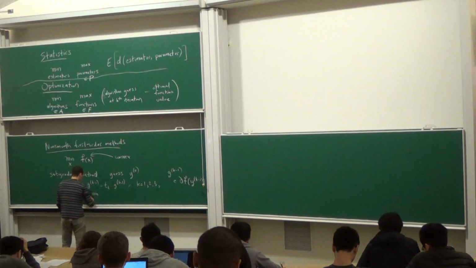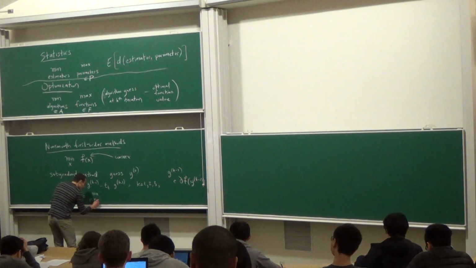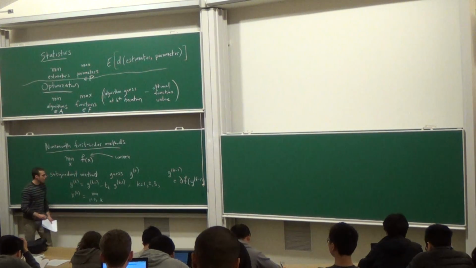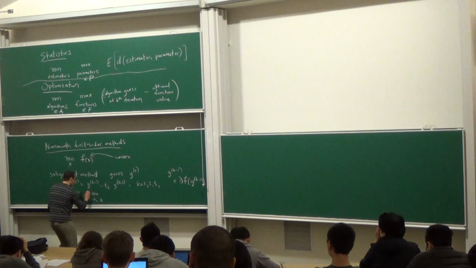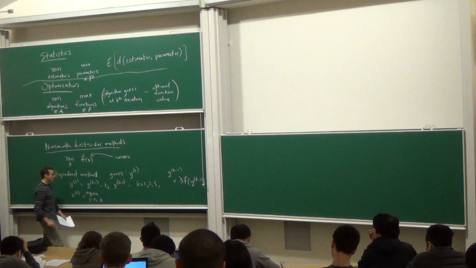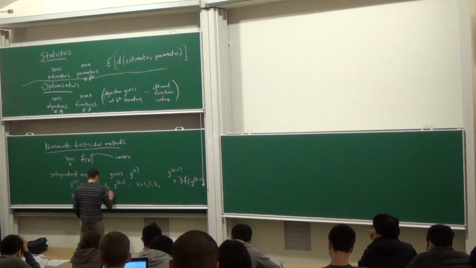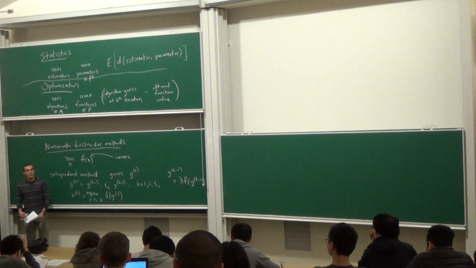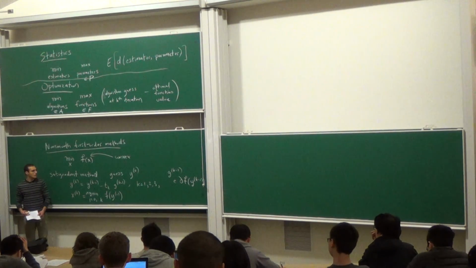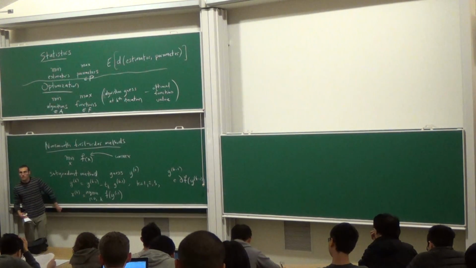I just look at the history from step 0 to step k, and I take the one that has the lowest value of the function. Okay, that's it. So that's the subgradient method.